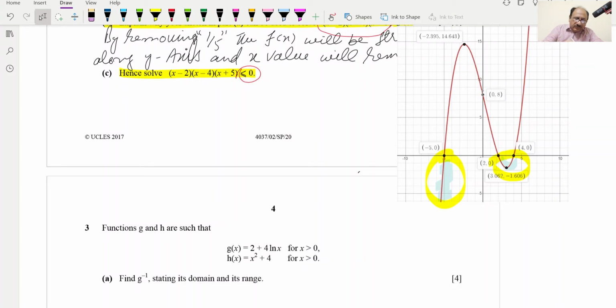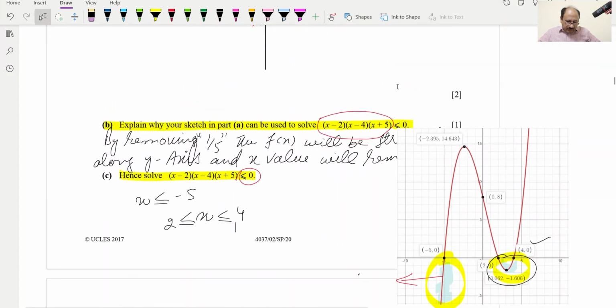One inequality will be that the x value should be less than or equal to -5, and this portion will be between 2 and 4, not 5, 2 and 4. So we can write x is greater than or equal to 2 and less than or equal to 4.